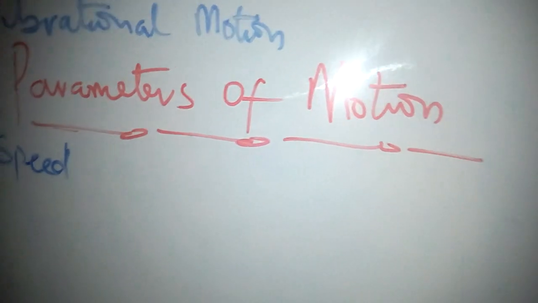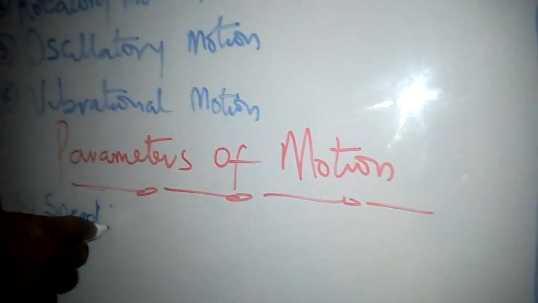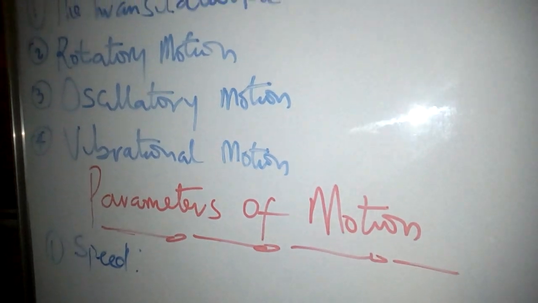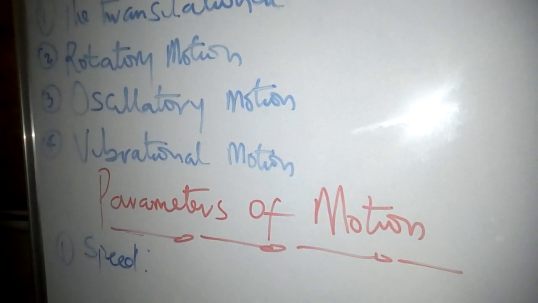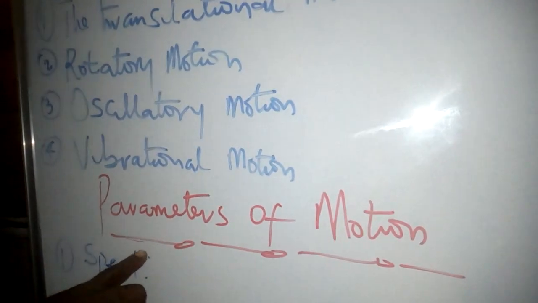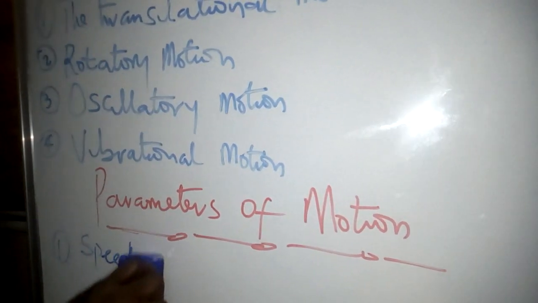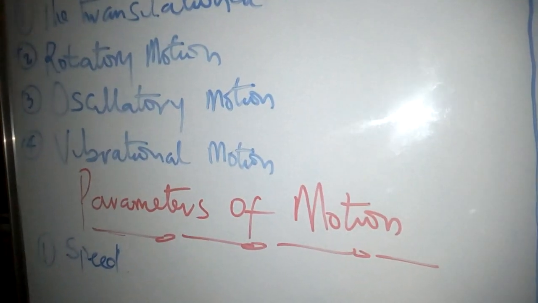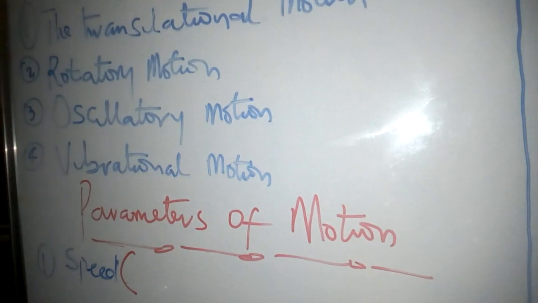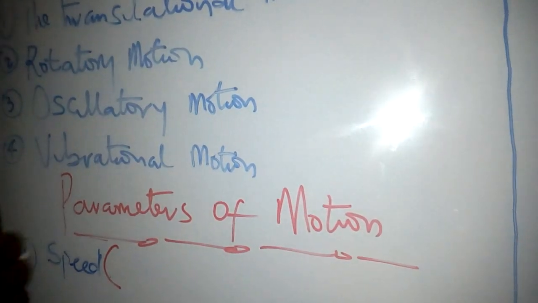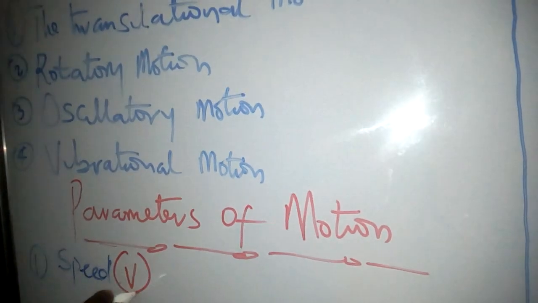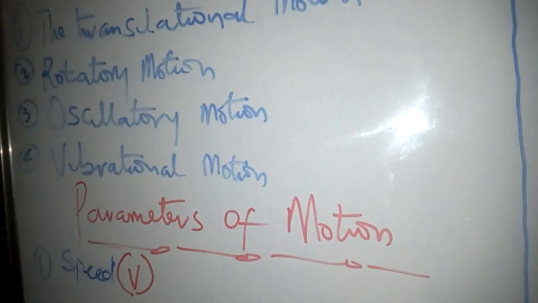This is one of the parameters of measuring motion. Speed is denoted by the letter v.